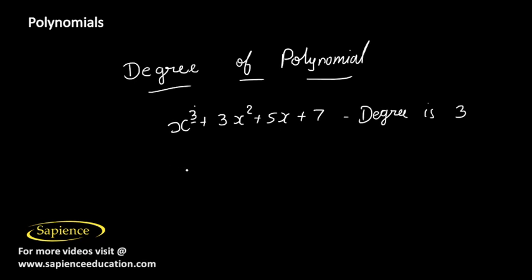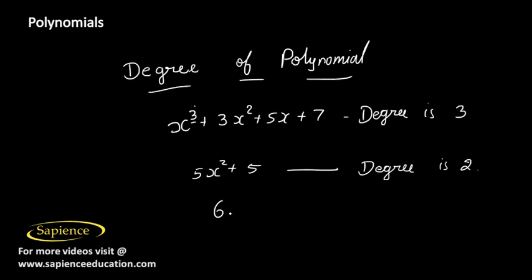Now we can take another example. And what about the degree of this polynomial? It will be 2. The highest power of the variable x is 2. So degree is 2.